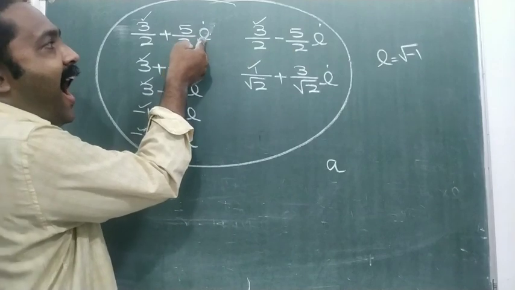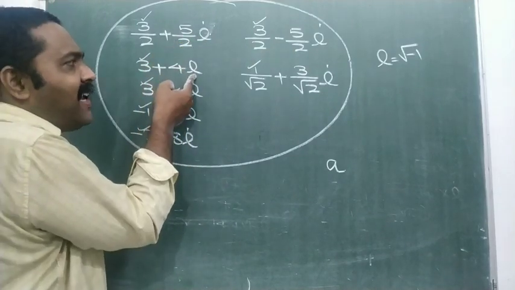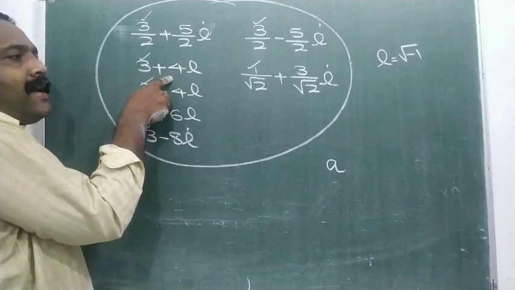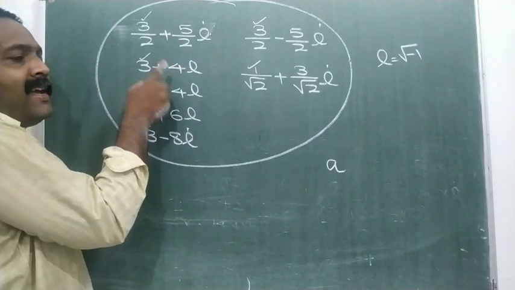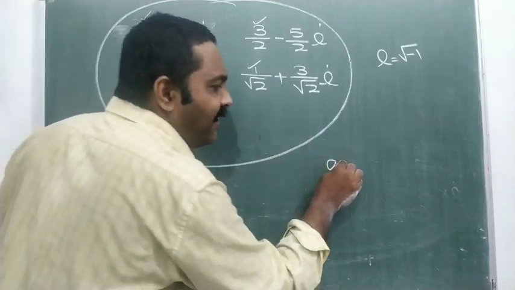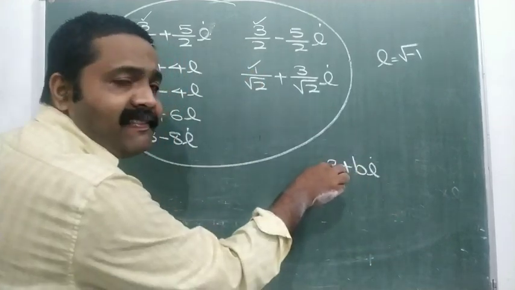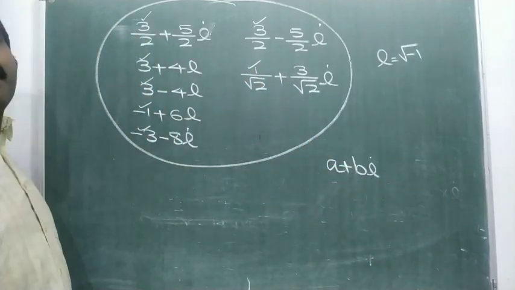Then the general representation of the second term is bi. Here b is a real number and i is root minus 1.